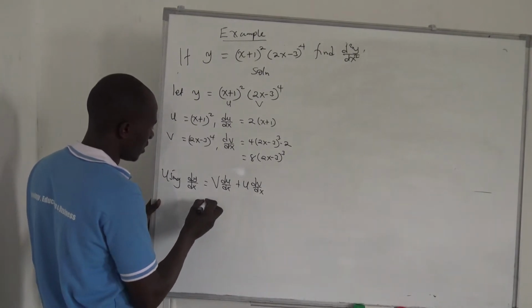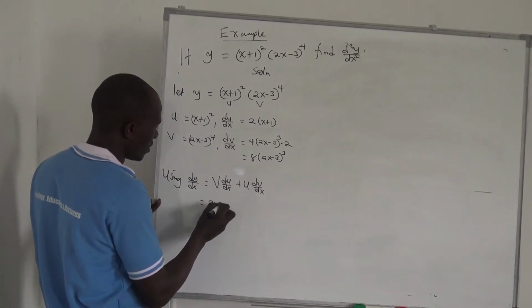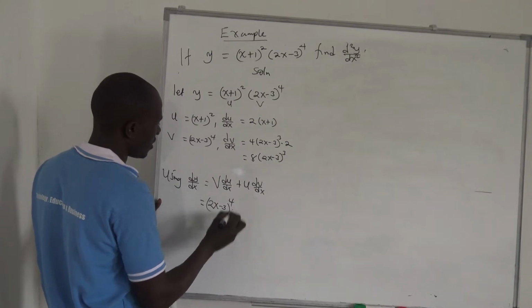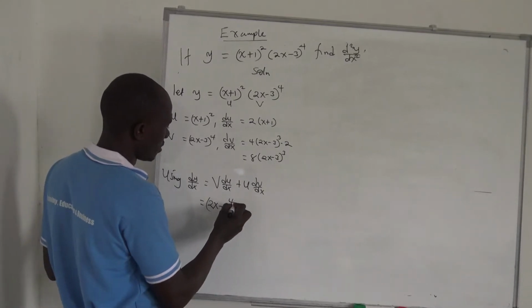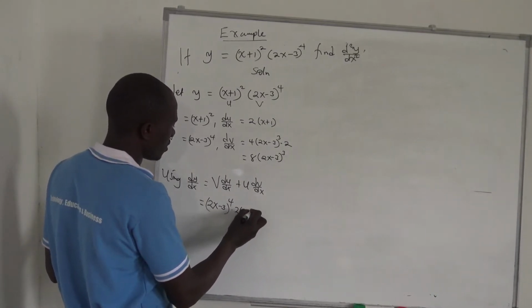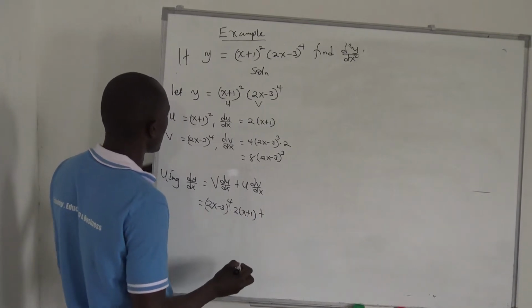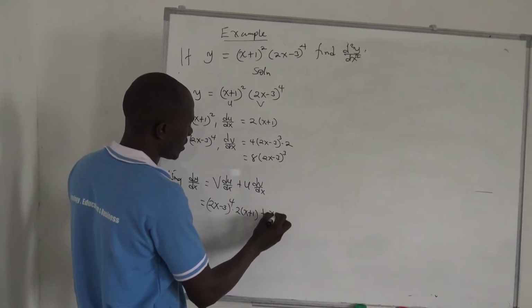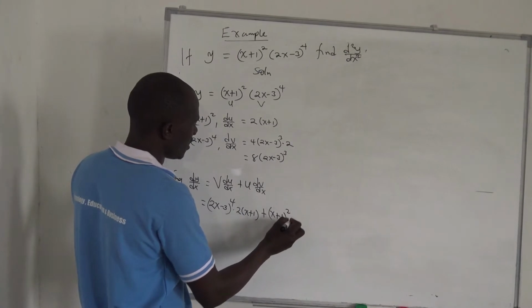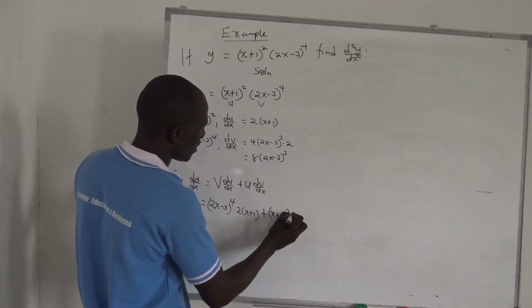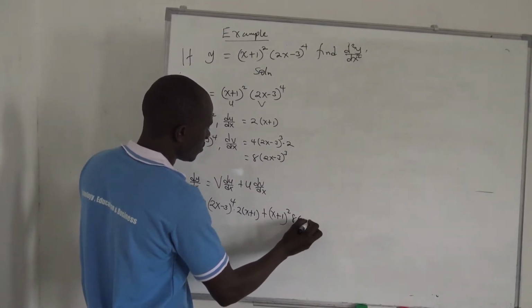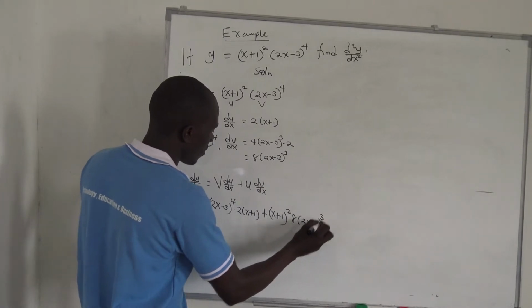Our v is (2x minus 3) to the power 4, times du/dx, which is 2, into (x plus 1), plus our u, which is (x plus 1) squared, times dv/dx, 8 into (2x minus 3) to the power 3.